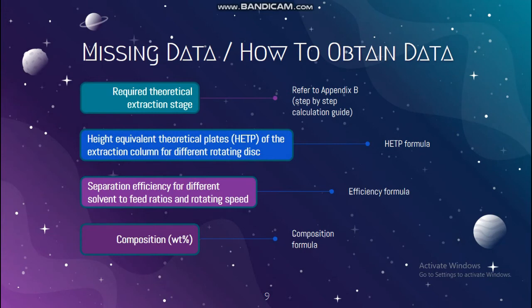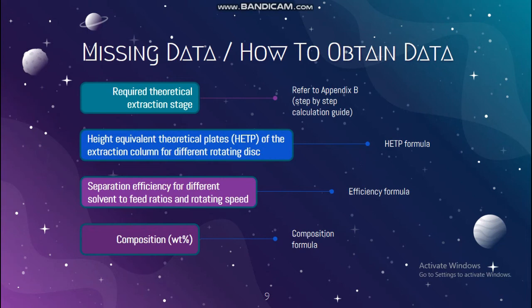Next is missing data and how to obtain the data. First, the number of theoretical extraction stages is required, and to obtain it, refer to Appendix B. Second, the height equivalent to a theoretical plate, or HETP, of the extraction column for different rotating disks, is obtained by the HETP formula.